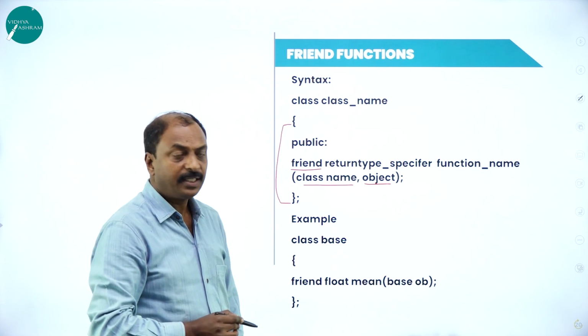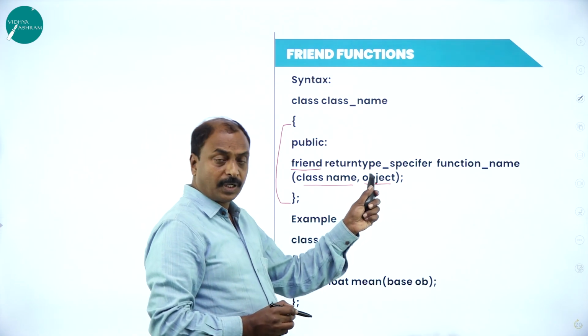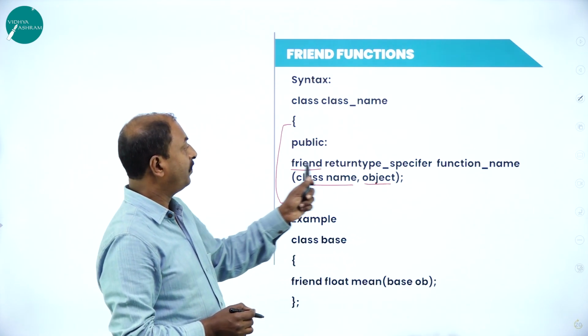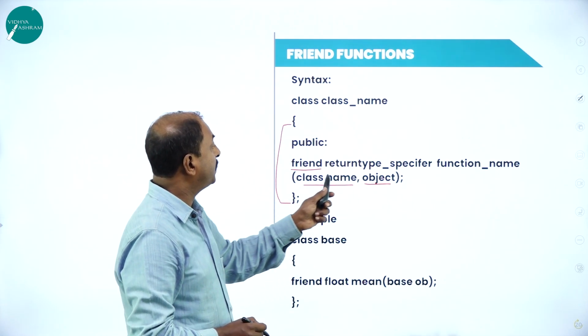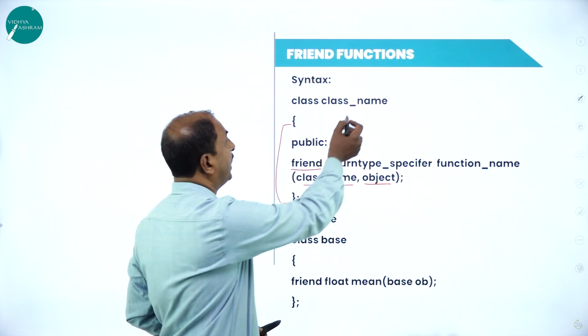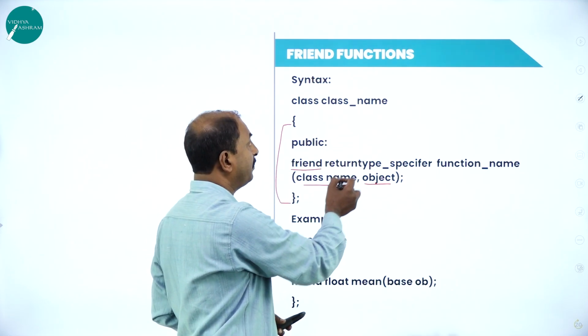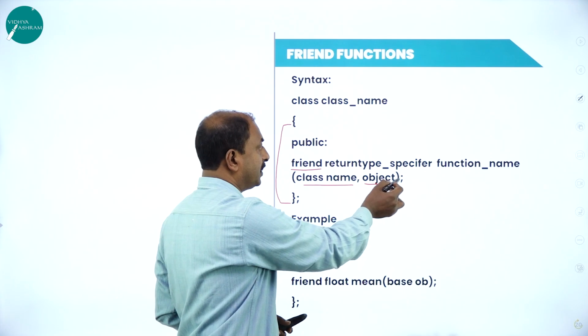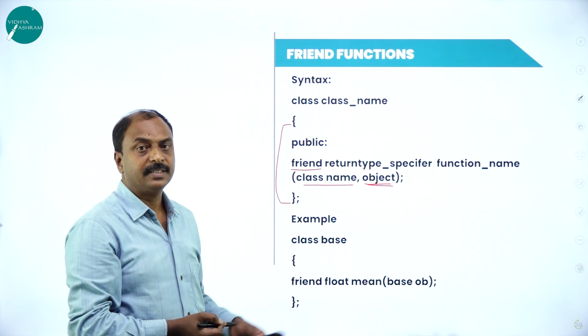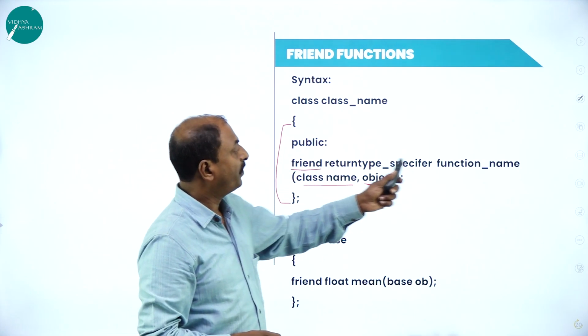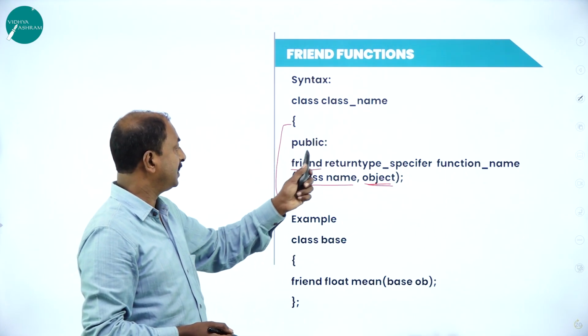Please observe that we are passing an object in the parameter, an object of this particular class. So this class name is the same as the class name declared above, and this is an object of that class. So this is the friend function declaration syntax.